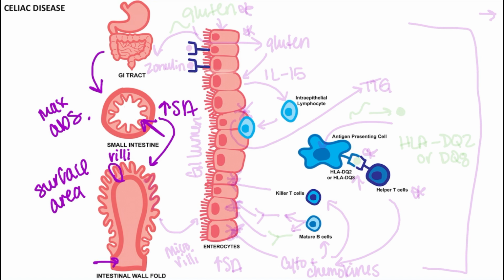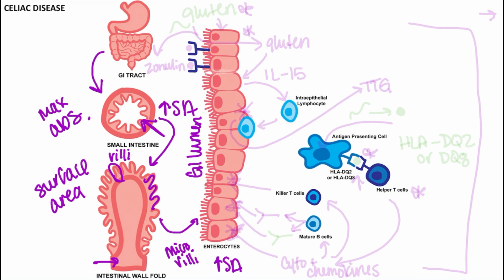And lastly, each of the villi is lined with a specialized epithelial cell layer, and these specialized epithelial cells, or enterocytes, contain microvilli projections to further increase the surface area of the cells directly interfacing with that GI lumen. Now, these components we will revisit after we discuss the pathophysiology of celiac disease.